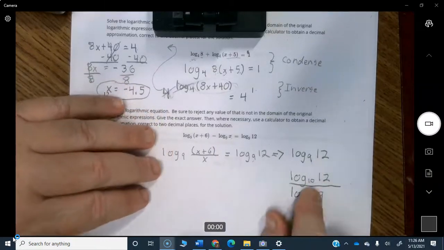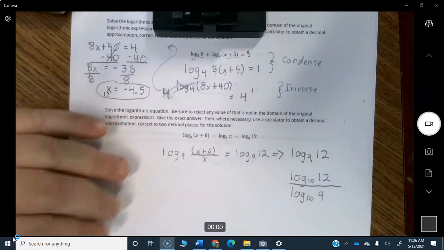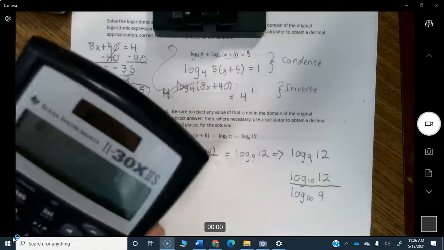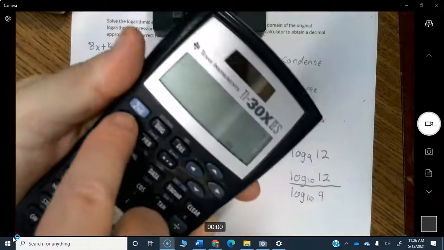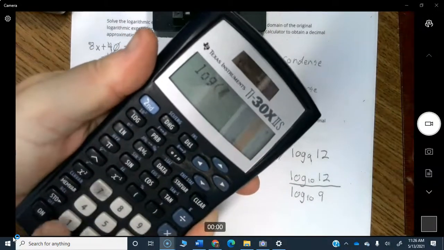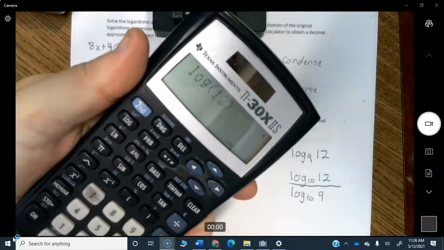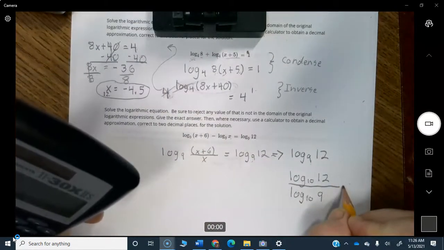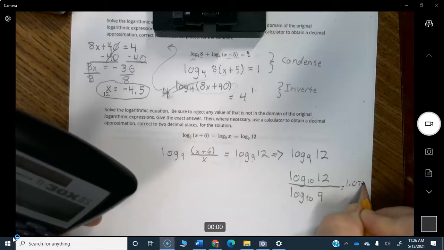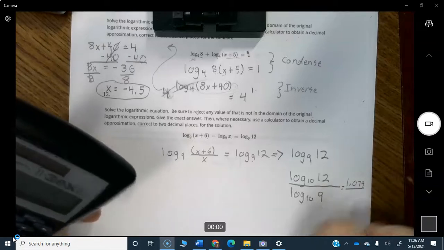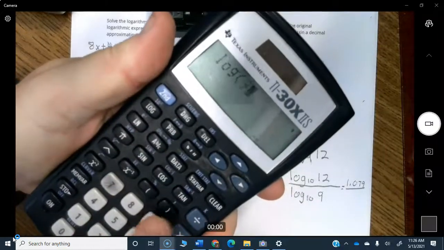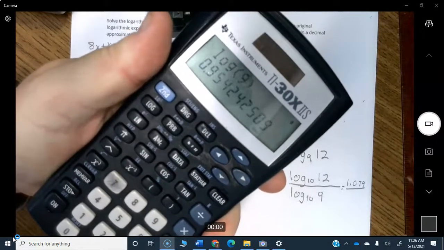Okay, so now you do this on your calculator, and it's very simple, the log on your calculator is in base 10, so it's just simply log 12, close the parenthesis, and you get 1.079. Okay, and down below is base 10 log 9, so log 9, close the parenthesis, and it's 0.954.